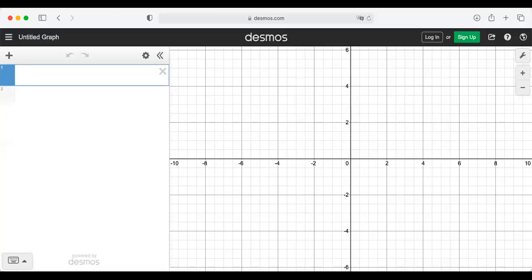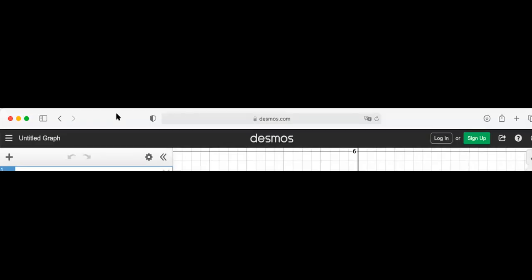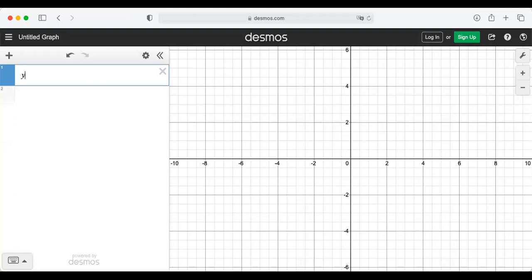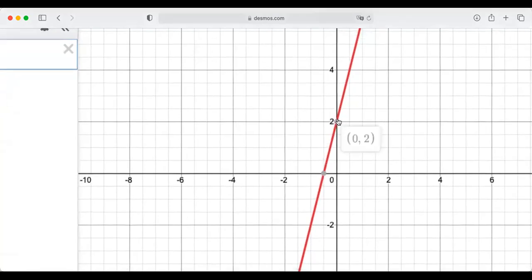And I'm going to show you how to enter that into the calculator. So the equation of the line, I'm pulling this down so I can see the 4x plus 2. So I'm going to say y is equal to 4x plus 2. Now, if we look here, I'm going to zoom in a little bit. Look at that, 0, 2. We have the y-intercept.